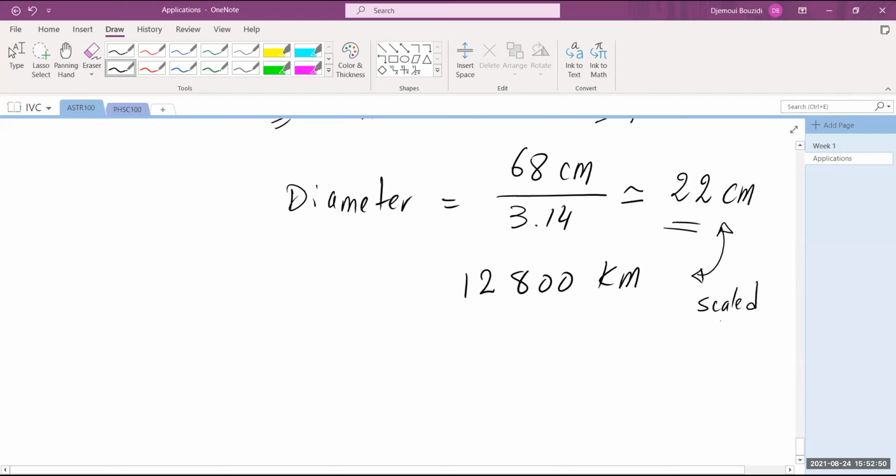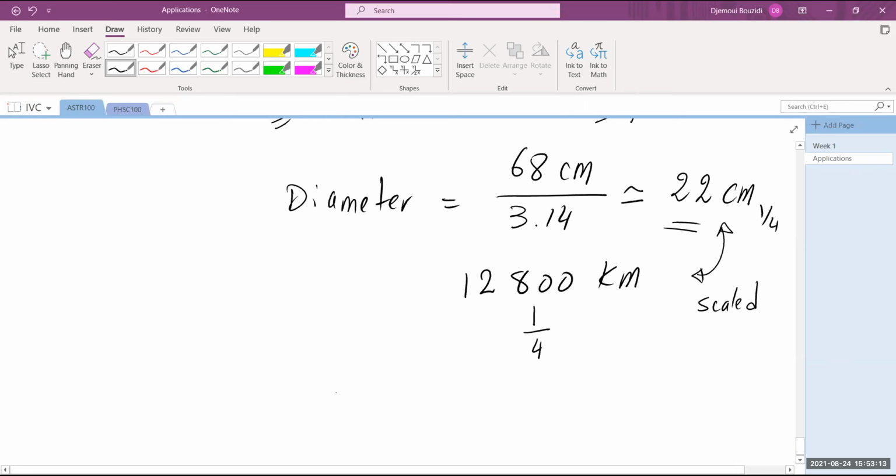So if the Earth was scaled to be like a volleyball, how big would the moon be? Well, if you go back to unit 1, the diameter of the moon is a quarter that of the Earth. So in this model, the moon will be a quarter of this number.